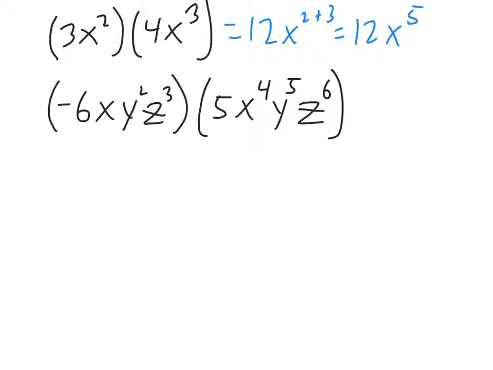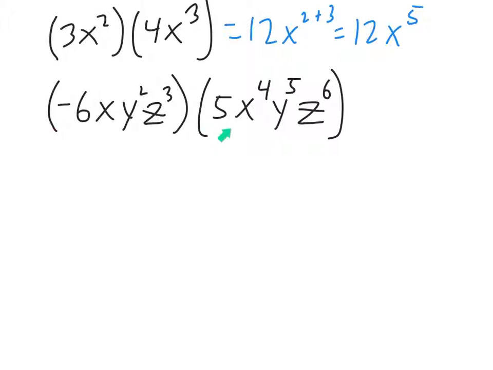Now let's look at this one. Here we have negative 6, x, y squared, z cubed, times 5, x to the 4th, y to the 5th, z to the 6th. So we have to multiply each thing separately. First, the numbers.